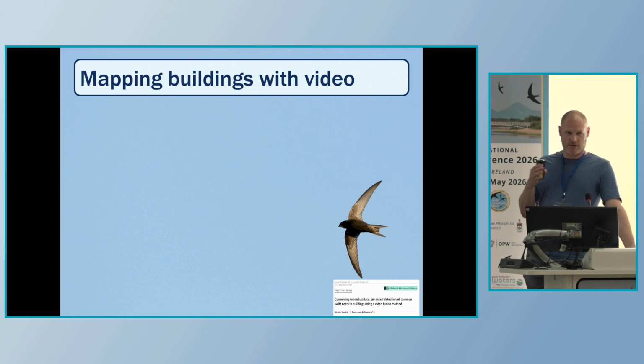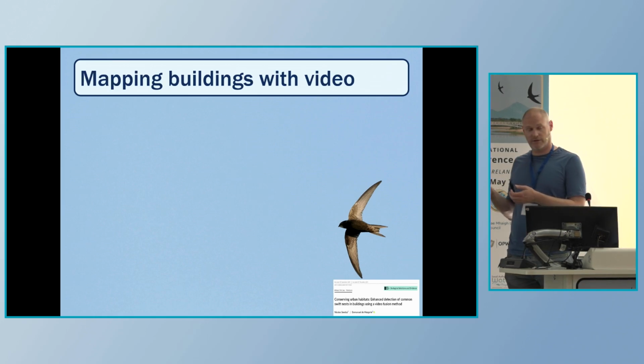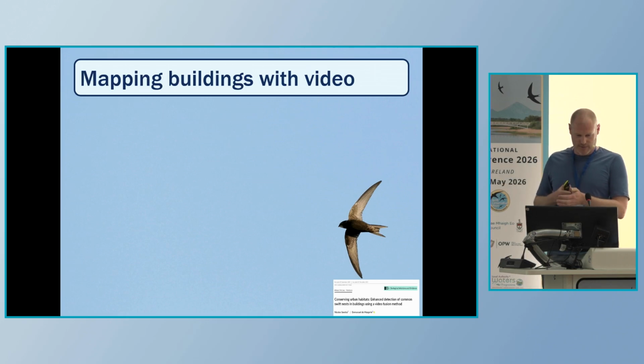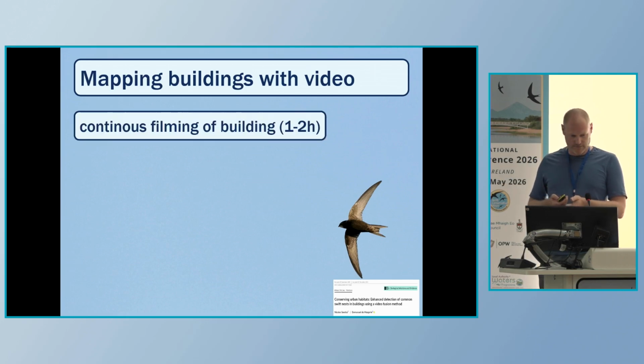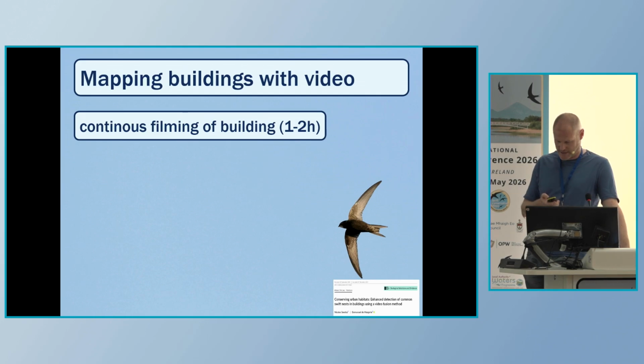So normally the counting of nest sites at buildings you do visually by humans, but you can also do it with video. So this is a recent publication from Sandoz de Margerie, published earlier this year. They suggest a continuous filming of a building from more or less about the same time like you do it visually by humans.